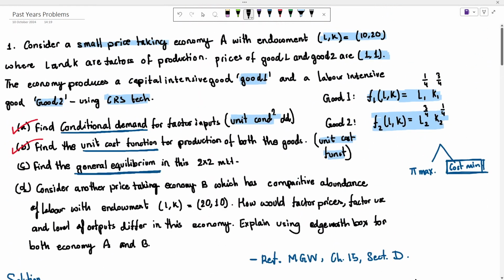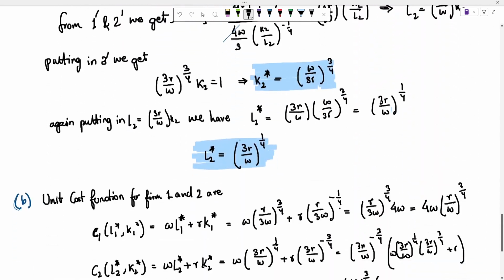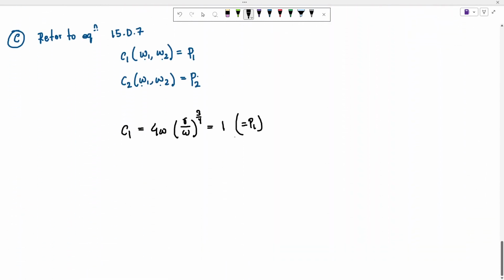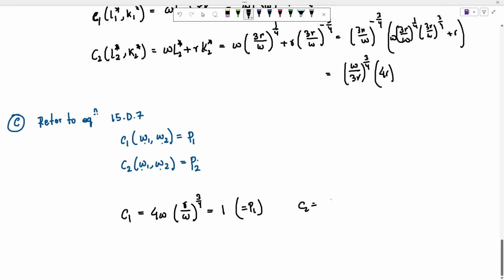It is given somewhere here, right? And similarly C2, which is 4R times omega by 3R to the power 3 by 4, should be equal to 1.